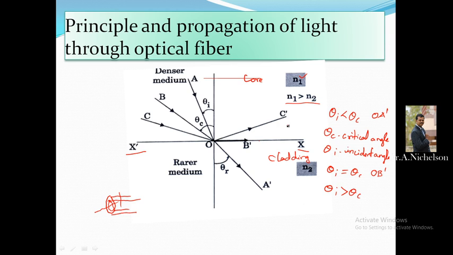Now what happened? The ray has come back into the same medium, into the core. So this is the condition for total internal reflection, that is, theta I greater than theta C. The conditions for total internal reflection are: one, n1 greater than n2, and another, theta I greater than theta C. Okay, so these are the conditions for total internal reflection.